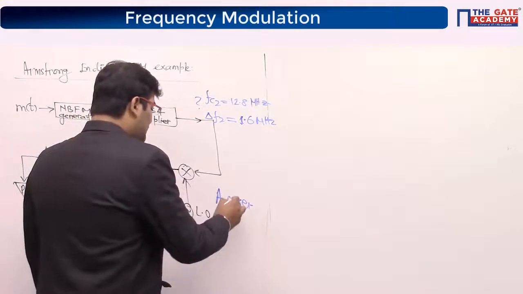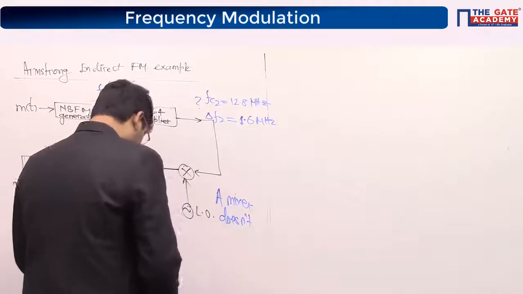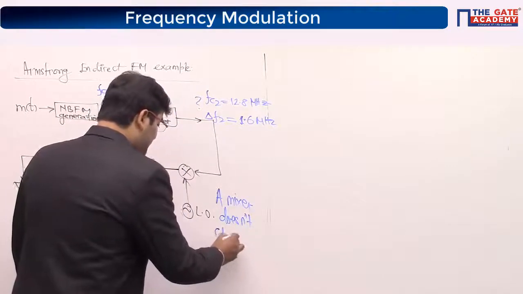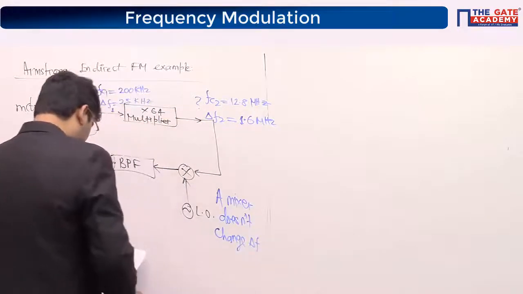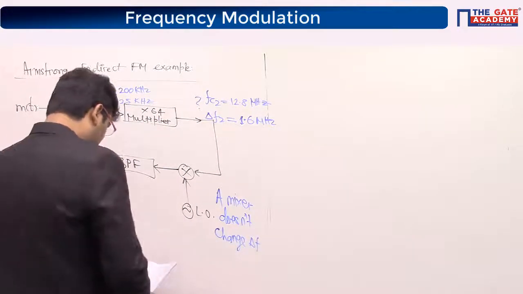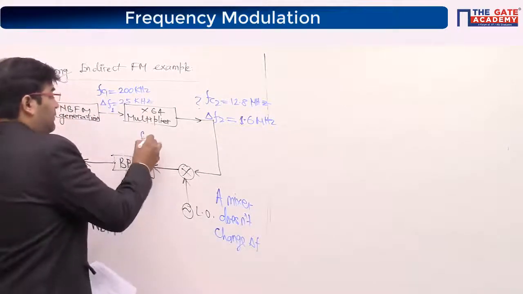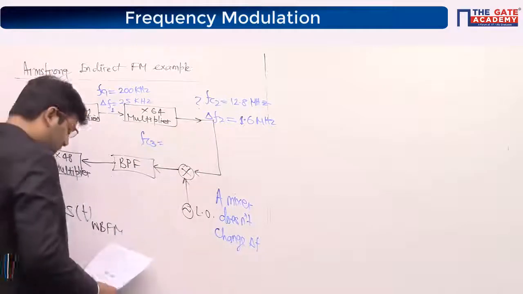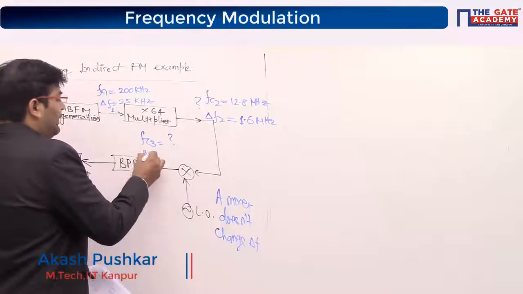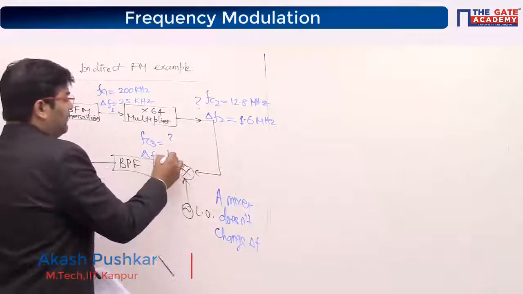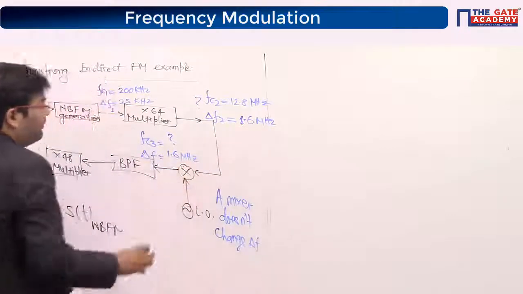A mixer does not change delta F because the frequency deviation is still intact, but FC3 will become something else. It could be anything, but delta F will remain the same. So if it is 1.6, it will be 1.6.